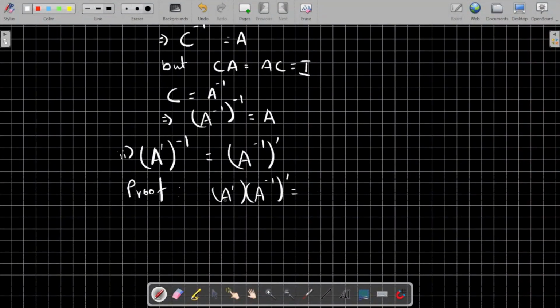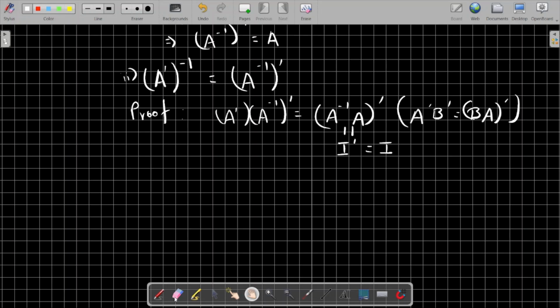So if we apply that property over here, let's consider A inverse matrix as B, it will become (A inverse into A) whole transpose, using the property. But this, by our definition of inverse, is I transpose basically, and I transpose, as we all know, is equivalent to I again.